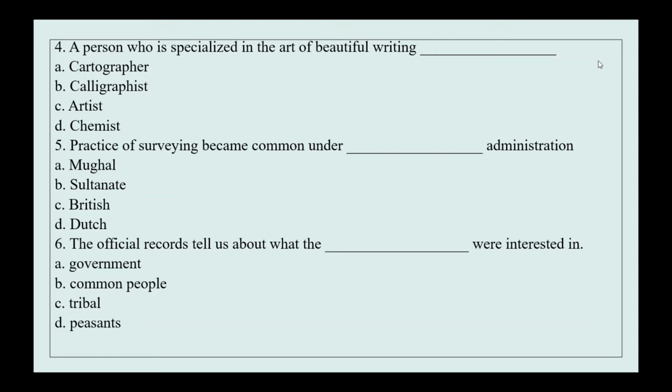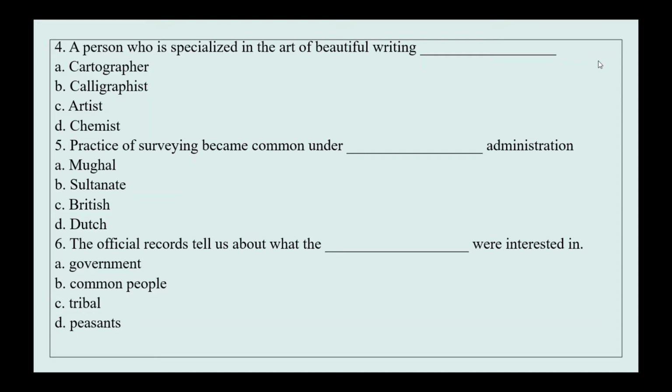Calligraphist. Okay. A person who is specialized in the art of beautiful writing is known as calligraphist. Okay. Next one. Practice of surveying became common under dash administration. Whose administration? Who introduced surveys in India?